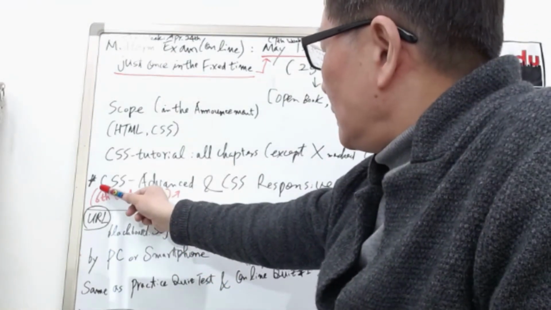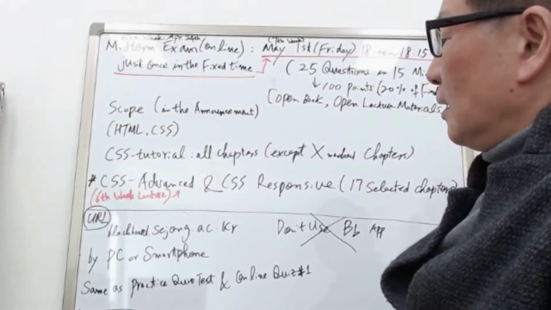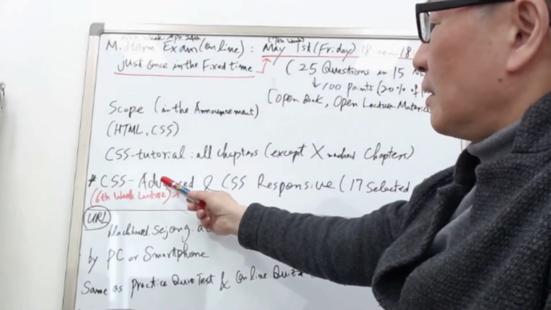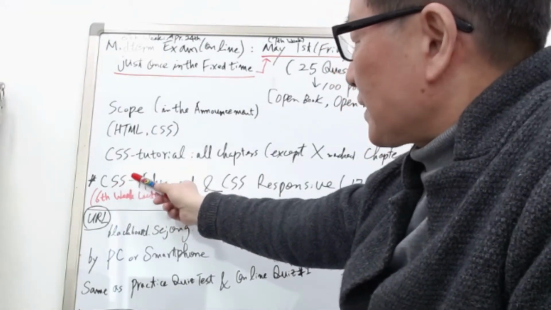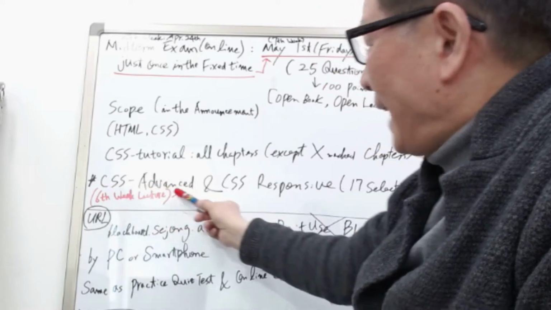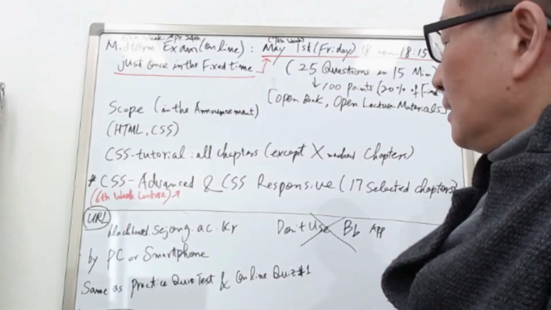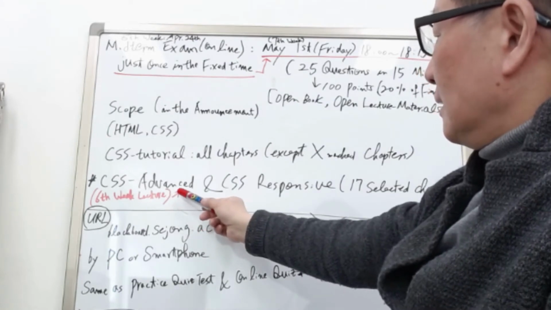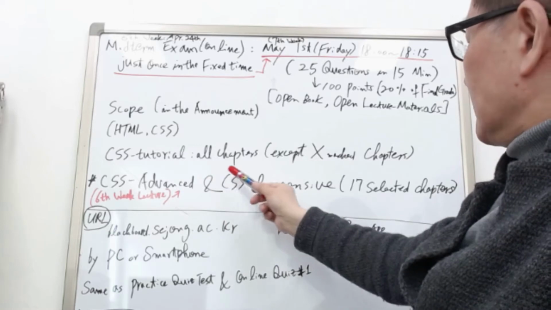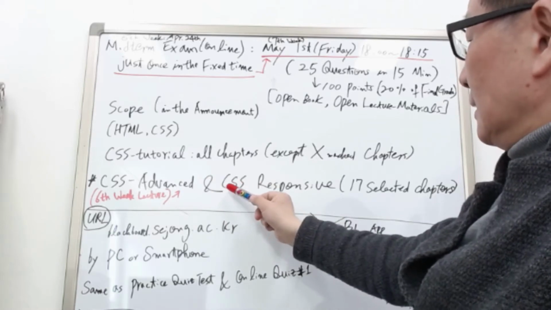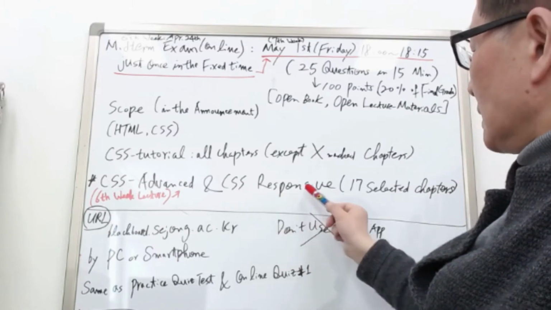And there is another section called CSS Advanced. In the previous lecture last year, that was called CSS 5, but it is renamed as CSS Advanced. Some chapters are selected from it, and some chapters are also selected from CSS responsive.